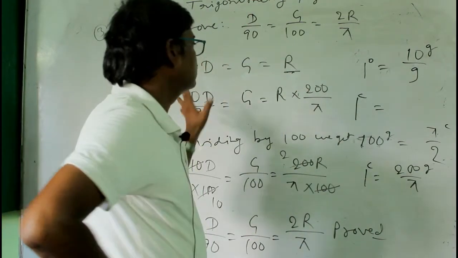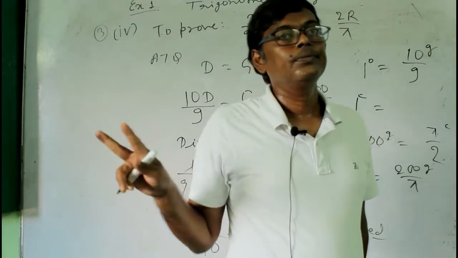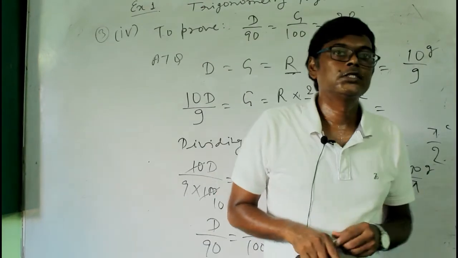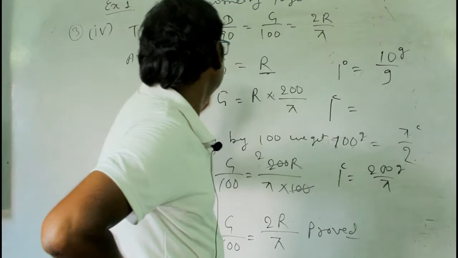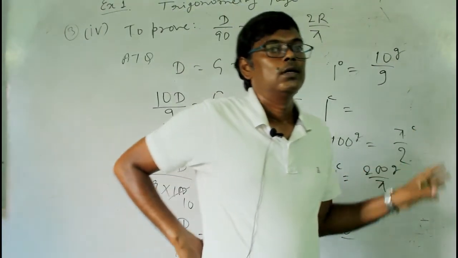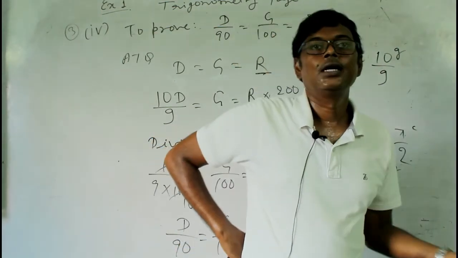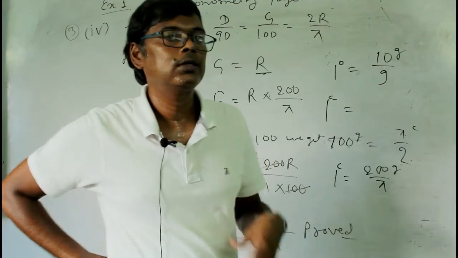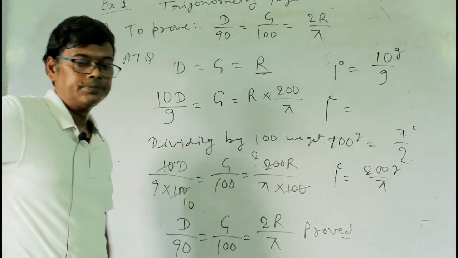The point is that you convert all of them into the same system of measurement, because here they are all different: degree, grade, and radian. Either in radian or in degree or in grades, this is the answer of this question.